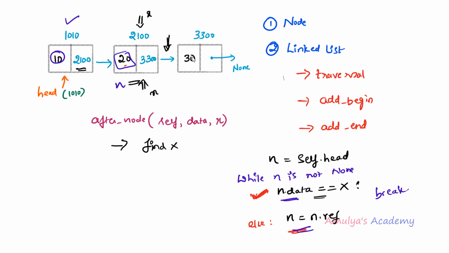So I need to do this continuously until I get the x node, or after comparing every node of the linked list. Here we took while n is not none. It will help us to execute the loop body again and again till the last node. And here n equal to n dot reference helps us to go to the next node. And if here we are using n dot data is equal to x, it will check the data of each node with the x. So first let's write this code.